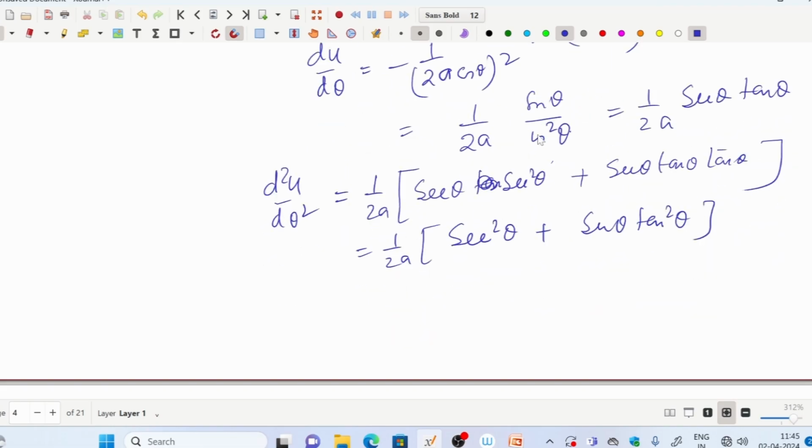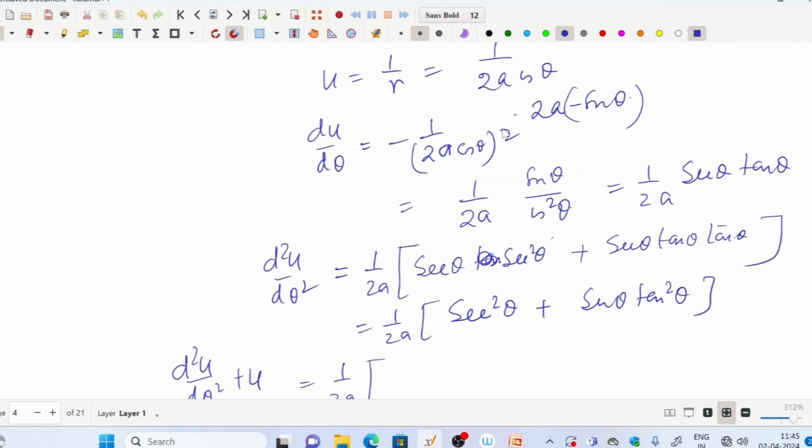Then d2u d theta square plus u will be 1 over 2a common, and u is nothing but 1 over 2a sec theta.